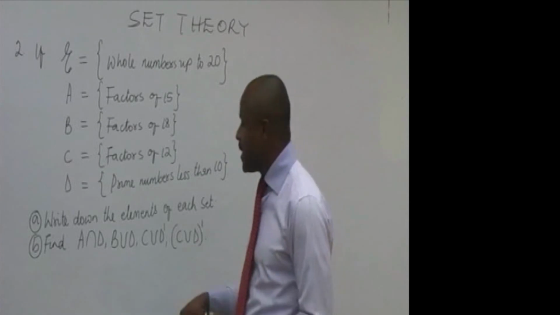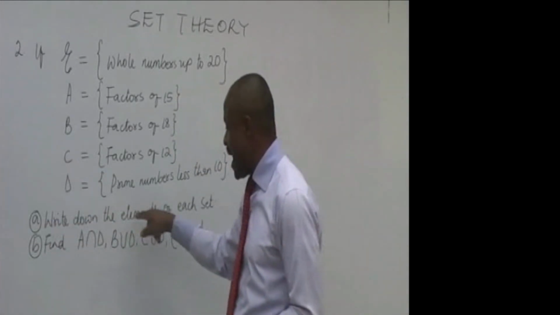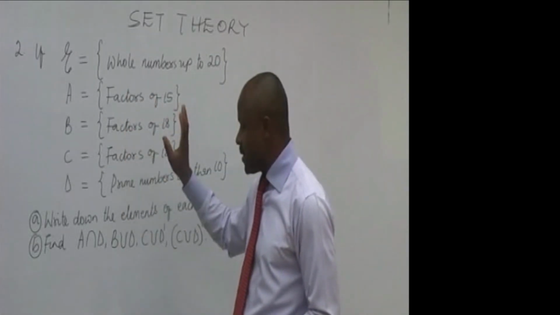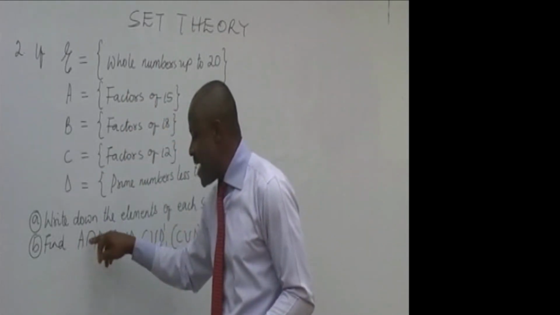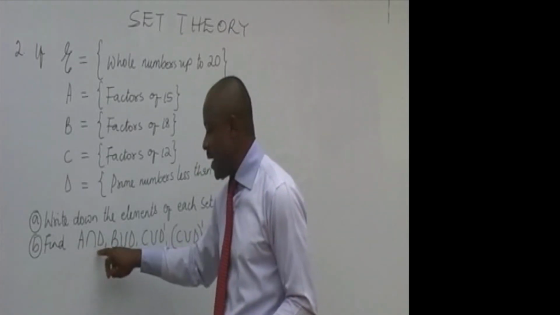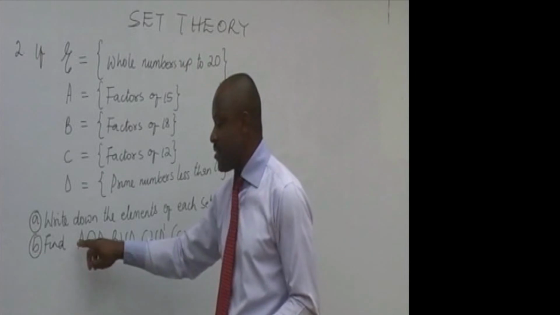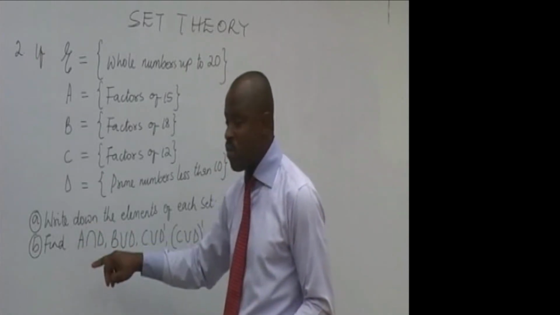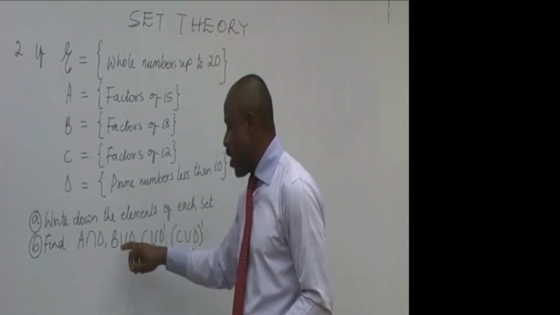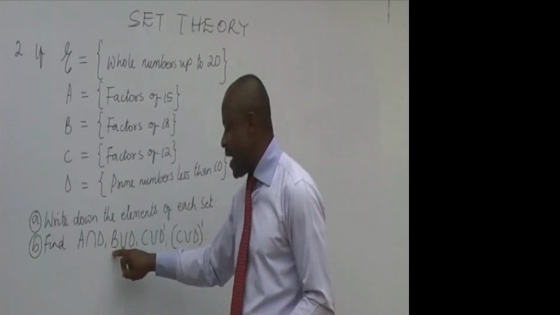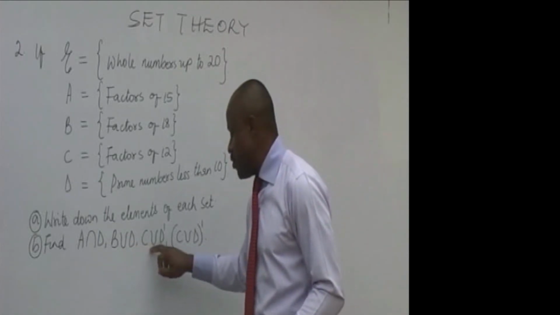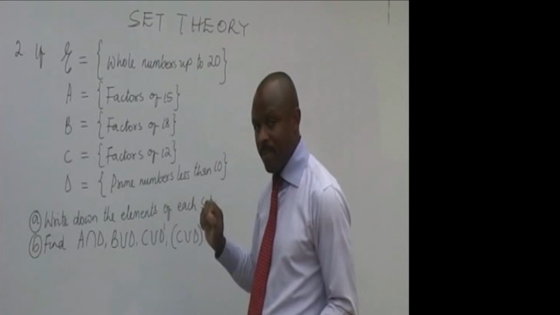Now they say (a) write down the elements of each set. Then find A intersection D, members of A that are also members of D. B union D, all the members of set B and all the members of set D. C union D prime.